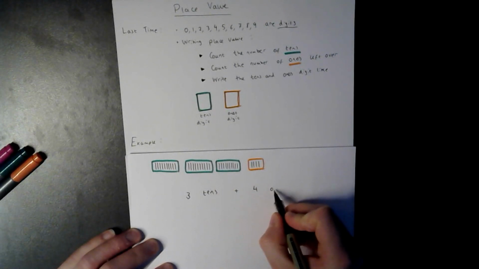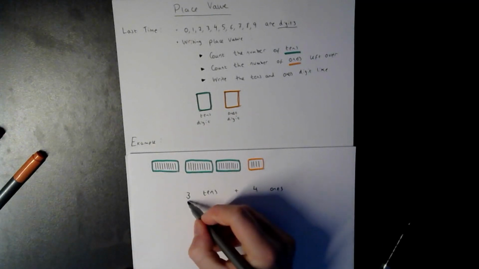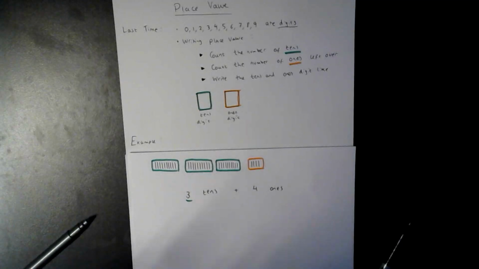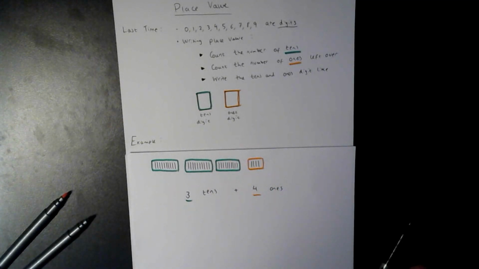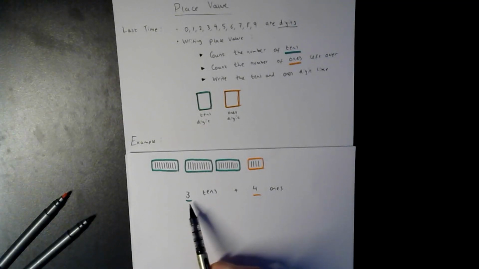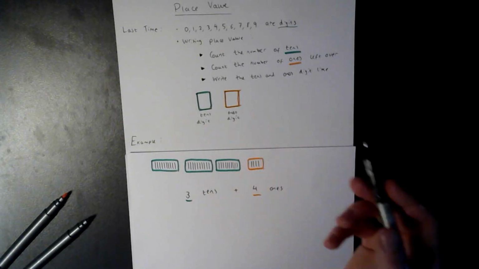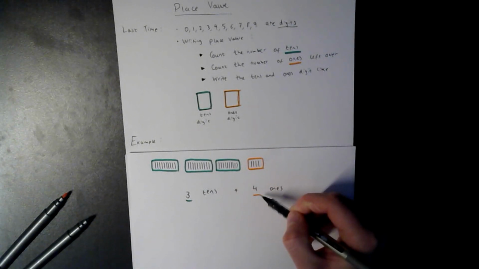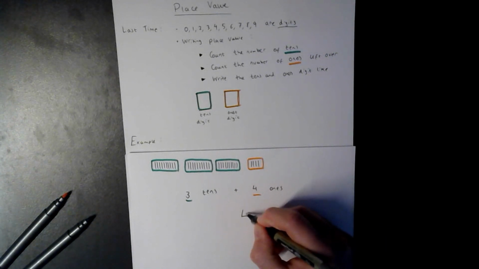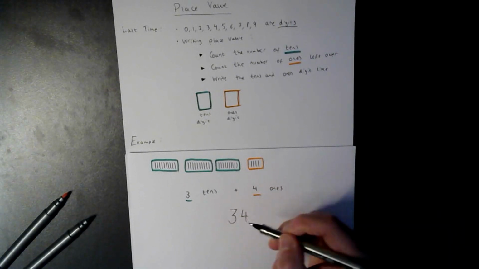So there's 3 tens and 4 ones. That means the tens digit is a 3 and the ones digit is a 4. So we'd use place value representation by writing the 4 on the right hand side and then the 3 just to the left of it.